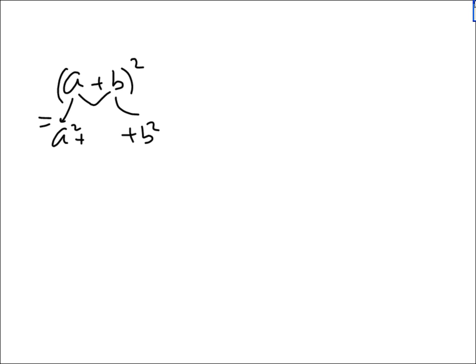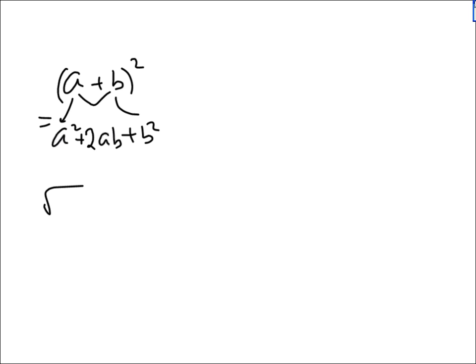Let's do a couple more of these multiplication problems. Remember, if you have a sum and you square it, yes, you do get the first square. Yes, you do get plus the second square. But you get more. You get the product of the two things, a times b times 2.